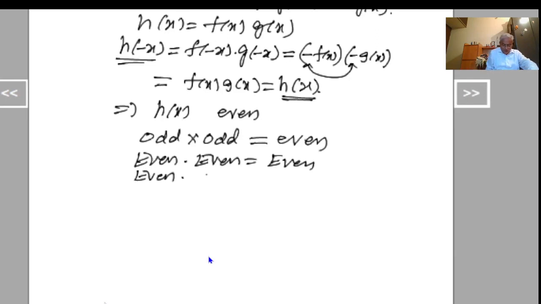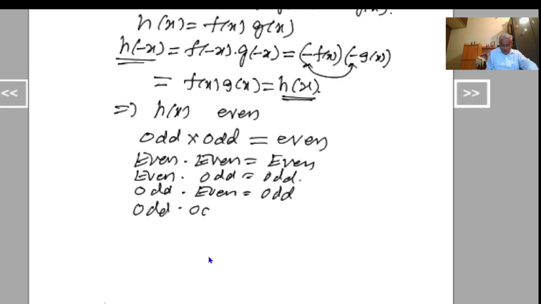Even into odd is an odd function. Odd into even is again an odd function. Odd into odd, we are getting an even function. If both are even or both are odd, then their product is always even.